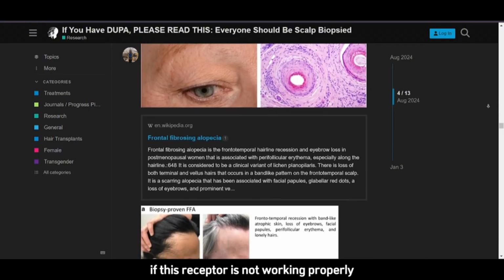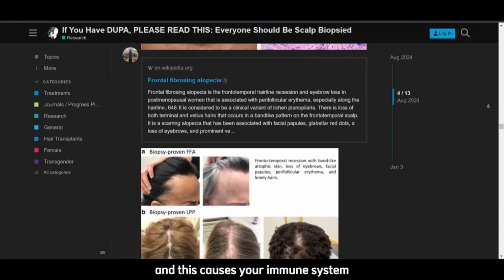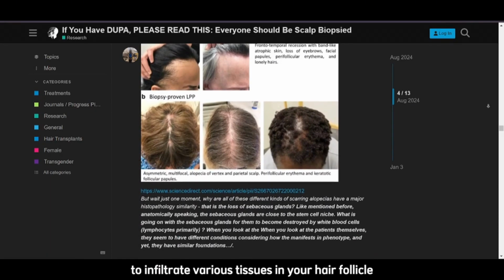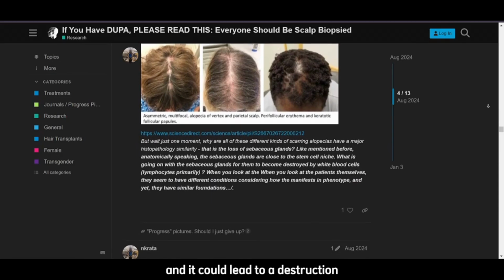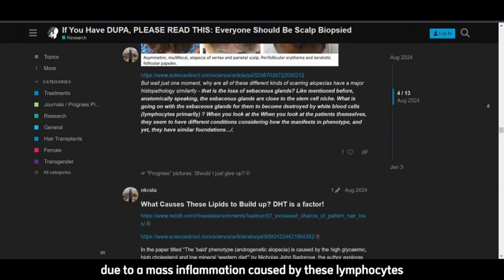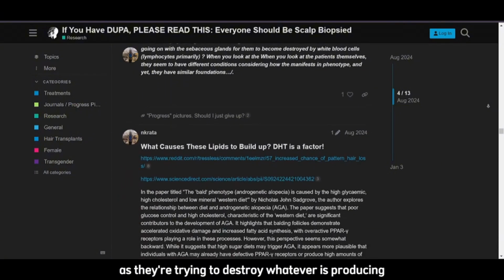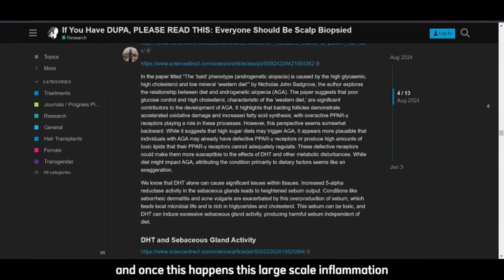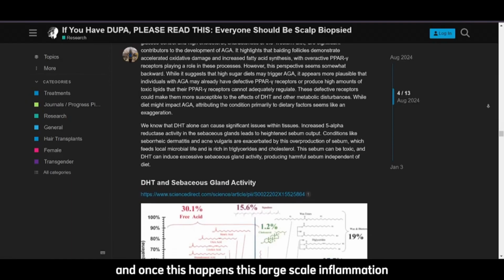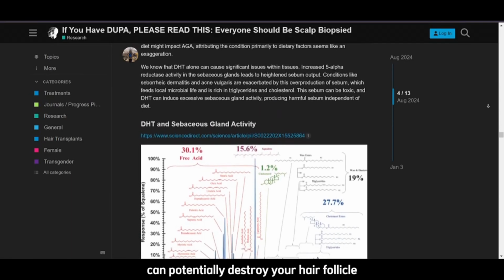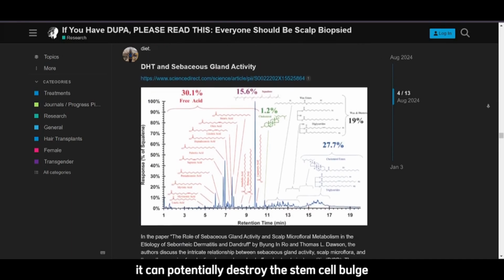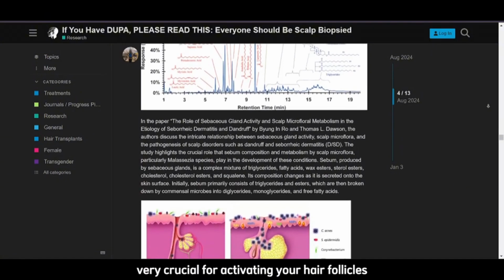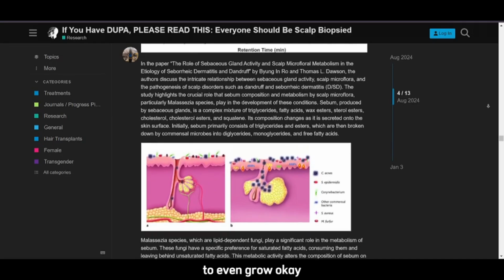If this receptor is not working properly, it leads to lipotoxicity, and this causes your immune system to send your lymphocytes to infiltrate various tissues in your hair follicle, and it could lead to a destruction due to a mass inflammation caused by these lymphocytes as they're trying to destroy whatever's producing the sebum, either being your sebaceous glands, your sebocytes, etc., etc. And once this happens, this large-scale inflammation can potentially destroy your hair follicle. It can potentially destroy the stem cell bulge matrix area where the hair follicle stem cells are, which are very, very crucial for activating your hair follicles to even grow.